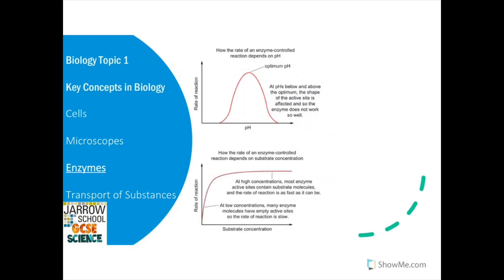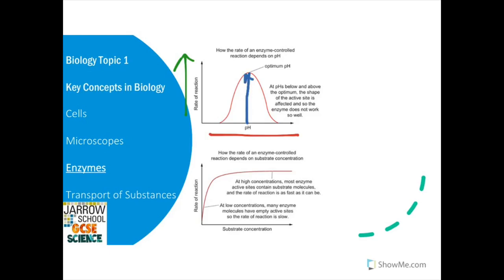So often in exams, you'll be asked to identify the optimum temperatures or optimum pHs for an enzyme. And so you can see on this graph here, along the x-axis, you've got the pH, and on the y-axis, you've got the rate of reaction. So as you can see, the optimum pH for this enzyme is somewhere along the middle of the scale.